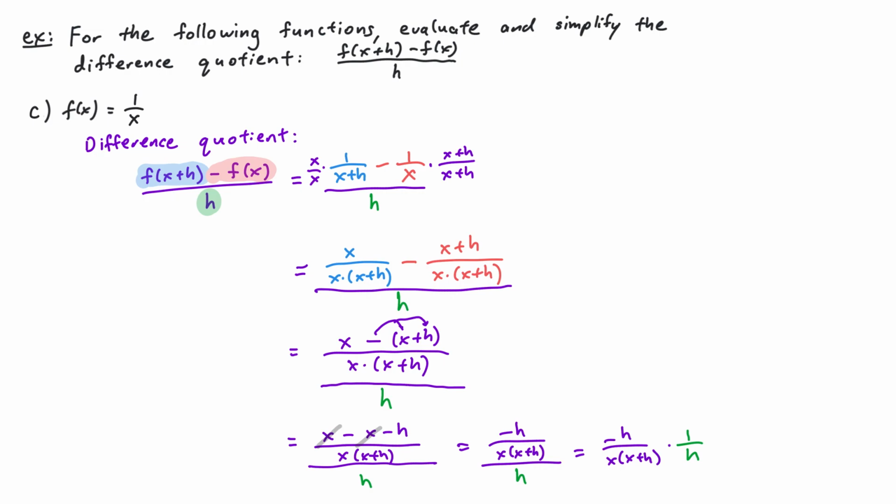Now, it's clear that we can cancel out these common factors of h, and we're left with negative 1 divided by x times x plus h. So this here is our simplified difference quotient. So in this video, we've learned how to evaluate and simplify the difference quotient.